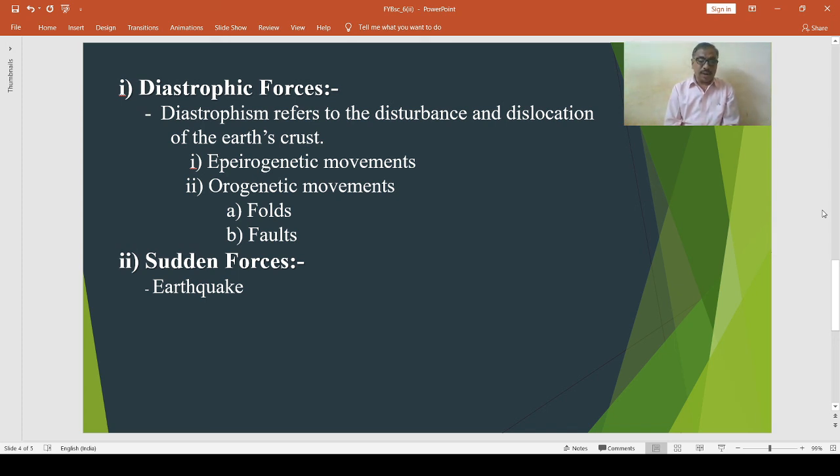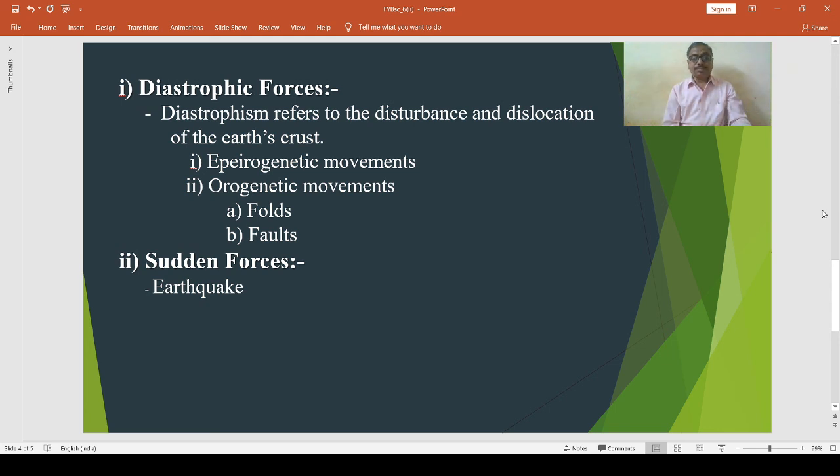Then a change in groundwater level is one of the effects of earthquakes. In some areas, the water level of wells increases while in some areas, water level decreases. At some places, old springs stop and new springs develop.